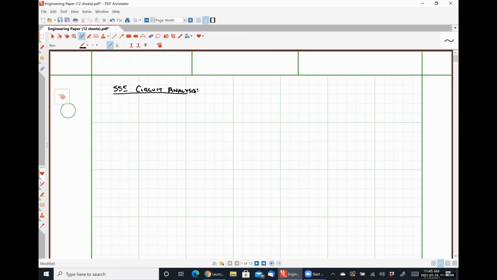Analysis. Because we've all had experience converting a time domain circuit into a frequency domain circuit, I'm just going to start with a frequency domain circuit here. So let's say that we have the following circuit.